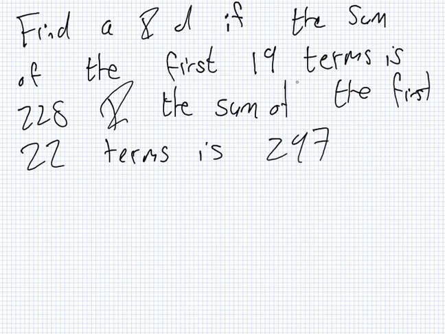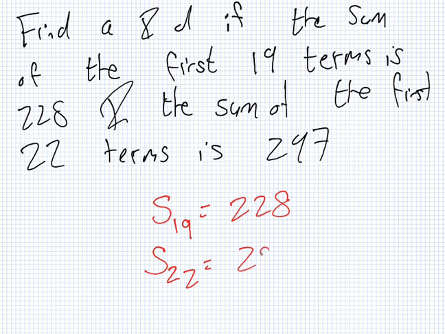So to be clear, what I'm saying here is the first 19 terms total 228 and the total for the first 22 terms is 297.